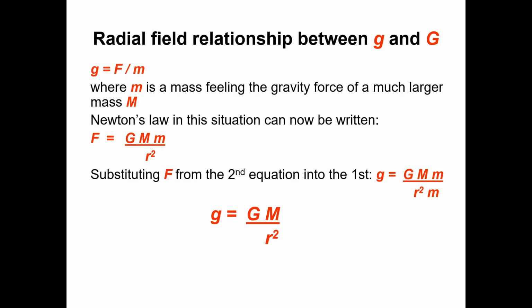Now, the reason I like using the big and little m's here is it's clear what's happening. So you could have a question about an astronaut above the Earth or something, and if you've been given the mass of the astronaut, you might use g as F over m. But more likely, in most questions, you're going to have the mass of the large object, could be the planet or the star or something, and so it's more likely that you're going to be using this equation. So little g is big G big M over r squared.